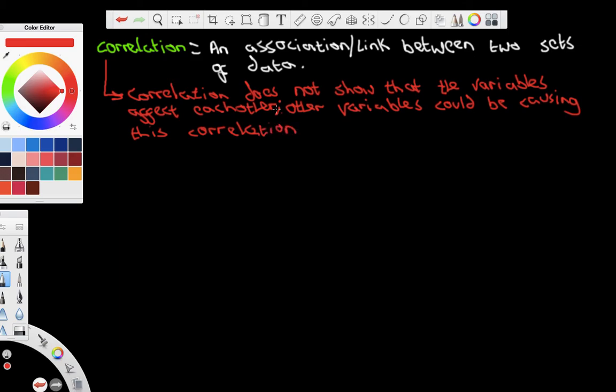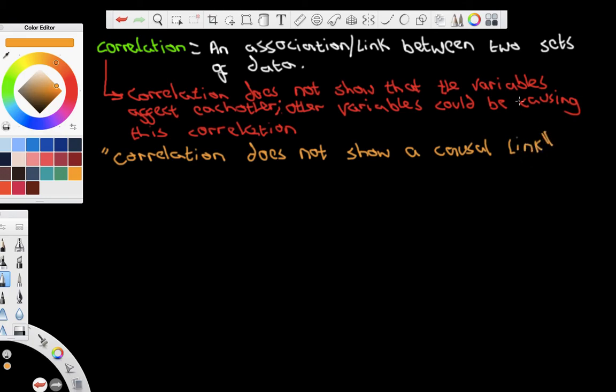Now, to summarize this in a single sentence, there is a perfect phrase you can use, okay? The phrase you can use, and we talk about this a lot at A level, is that correlation does not show a causal link.